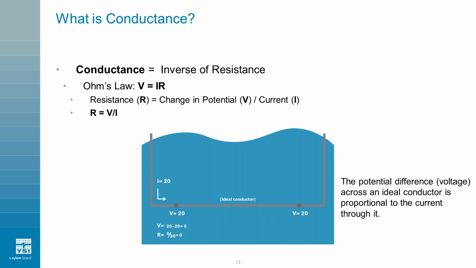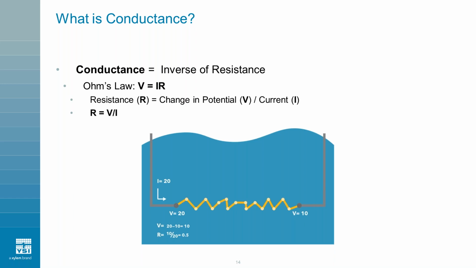So let's just assume there is not a gap. The potential across an ideal conductor is proportional to the current running through it. So there is no change in current or potential from point A to point B. But if we introduce a gap and submerge this in a liquid, liquid is not a perfect conductor, so we do get a measure of resistance.